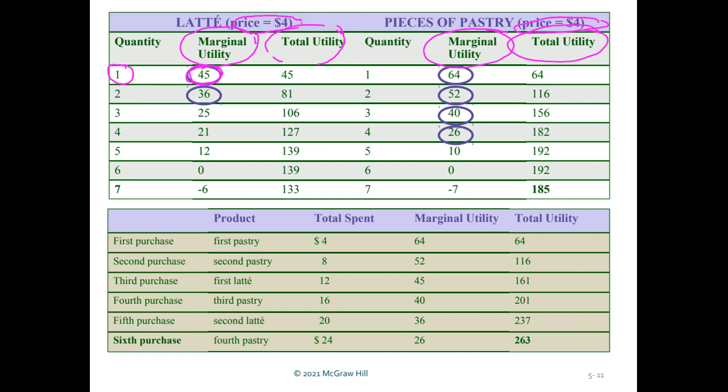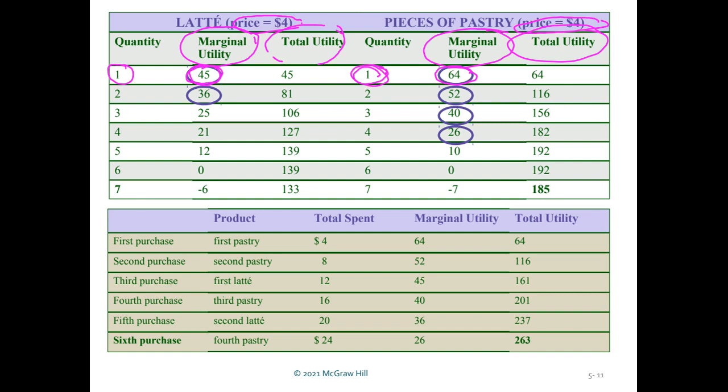And if I buy the first pastry, I have 64. It means my marginal utility is higher for the first pastry compared to the first latte. So Anna would spend her first $4 on pastry. She bought the first pastry first.